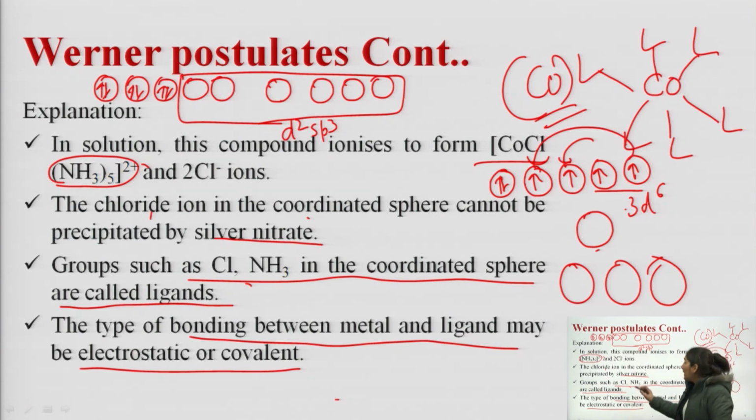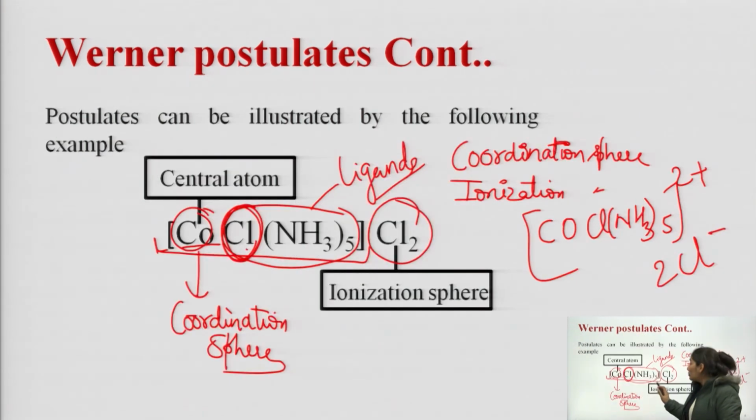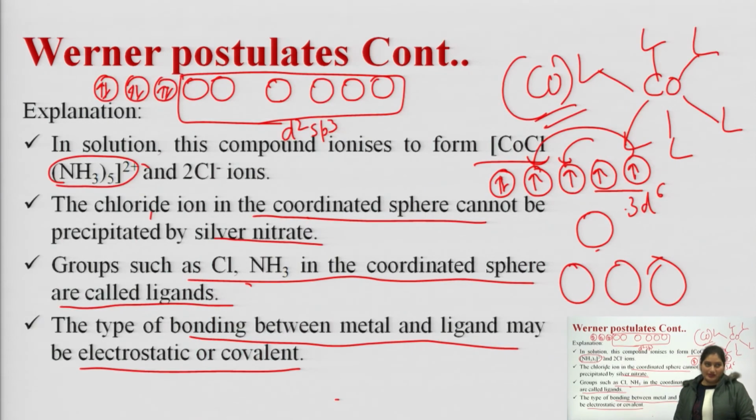Okay. The chloride ion in the coordination sphere can't be precipitated by silver nitrate. Which chloride ion? The chloride ion that is present in the coordination sphere. It is not precipitated. See, this one is precipitated, but this one can't be precipitated by silver nitrate or argentometric titration. Okay.